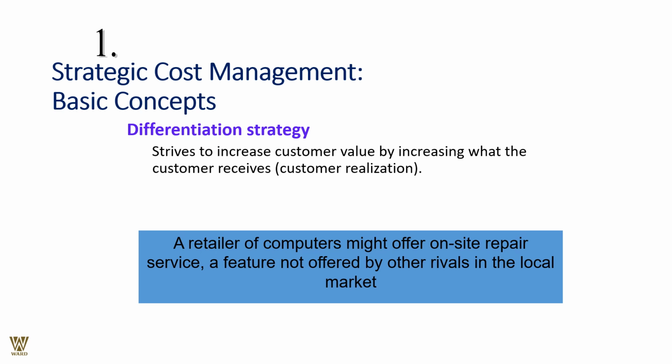So a retailer of computers might offer on-site repair. Now, what is on-site? People might say you have to go to their vendor's shop, their particular address, and get things repaired. On the other hand, a company might offer that you don't have to come to our premises at all in the first place.